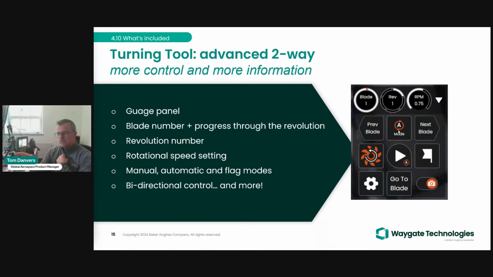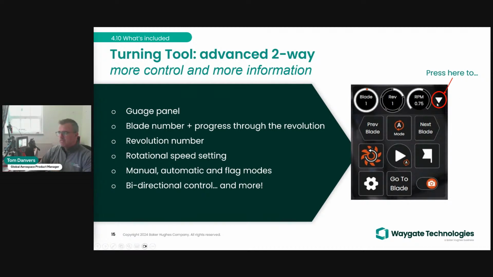With that fan icon, you'll be able to press that button and stop rotating in one direction, and it will start rotating in the other direction. There's a lot there that we're going to take you through in a separate webinar, and this is now part of OS 4.10. I'm very much conscious there's a lot of information and a lot of buttons here.